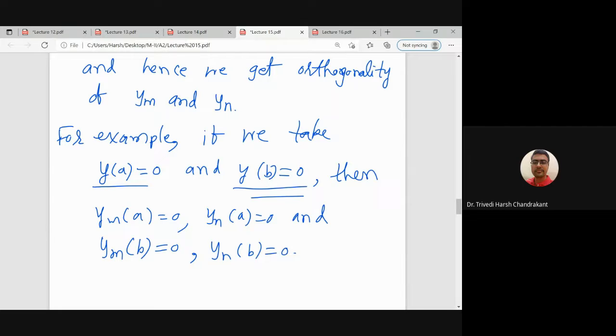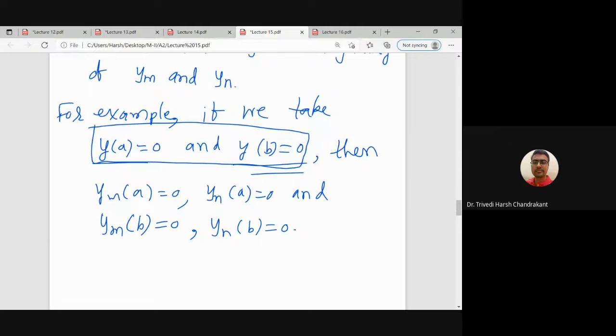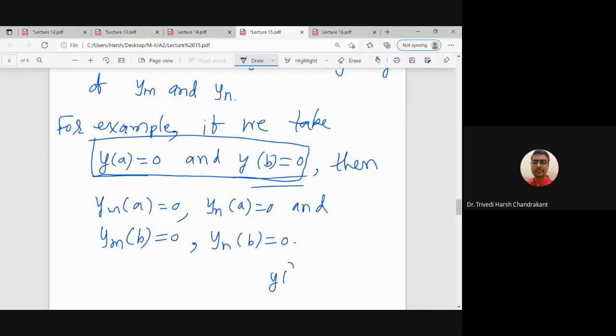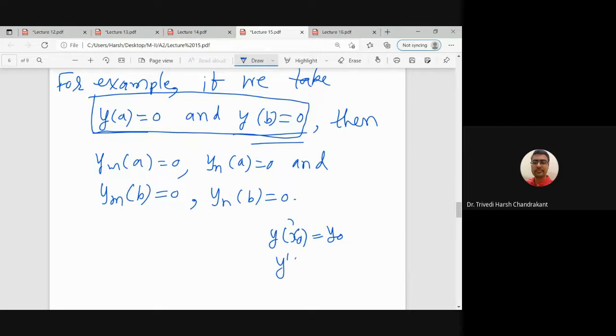So this condition is like the initial condition which we consider in the initial value problem. Similar, but not in that form. For the second order differential equation, we consider initial conditions like y(x0) is y0 and y'(x0) is y1, right?